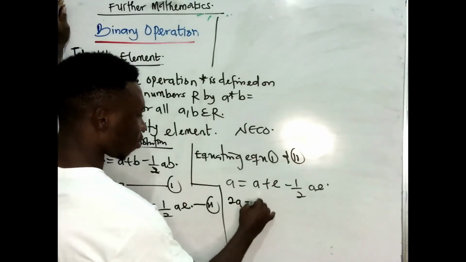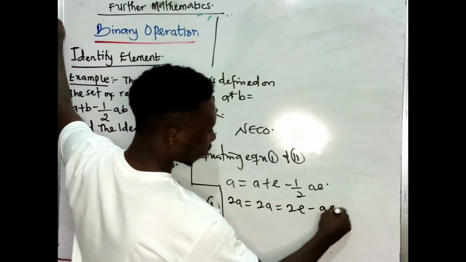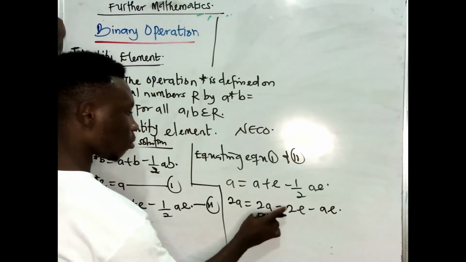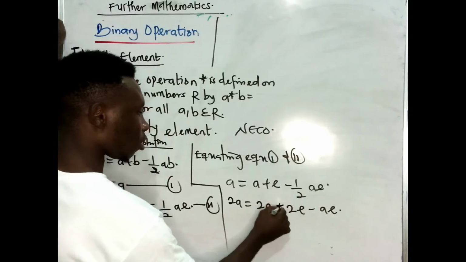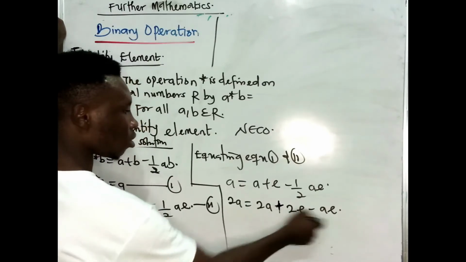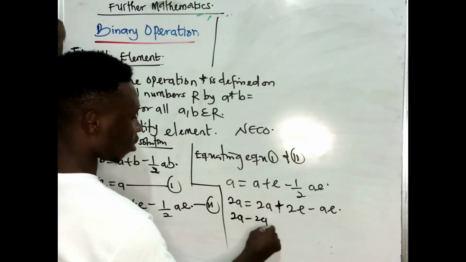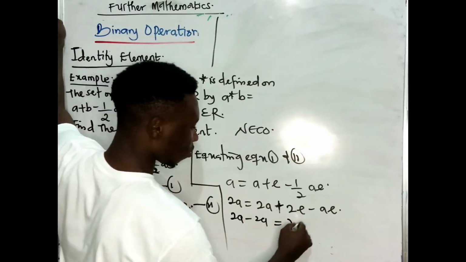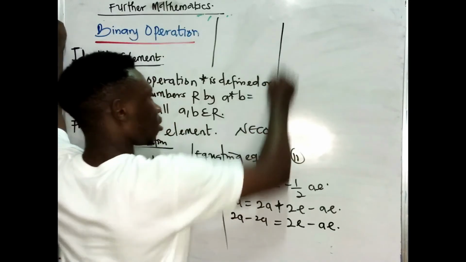That is 2A is equal to 2A plus 2E minus AE. So collecting like terms, that is 2A minus 2A is equal to 2E minus AE.